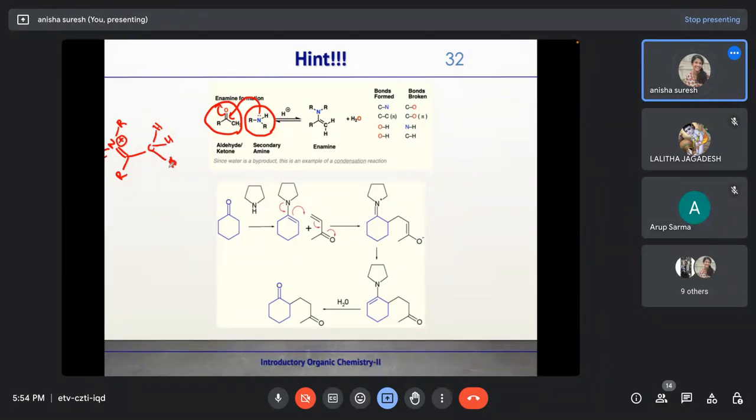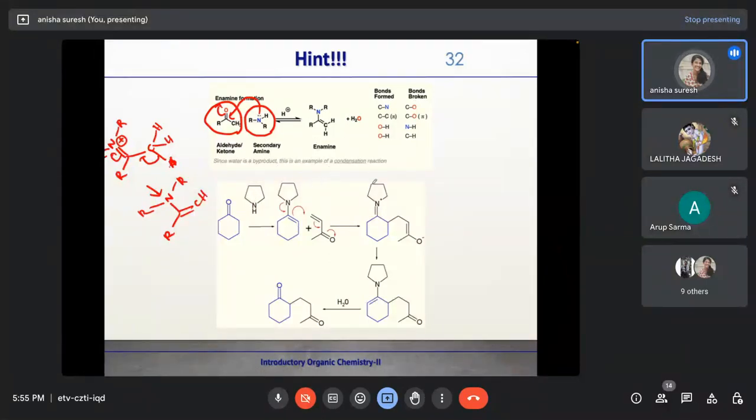Then one of the protons will be removed, and it will give rise to the enamine. So this is how an enamine is formed.